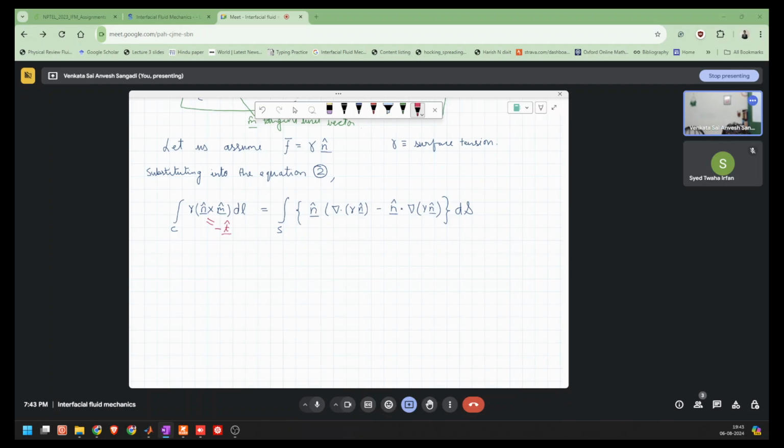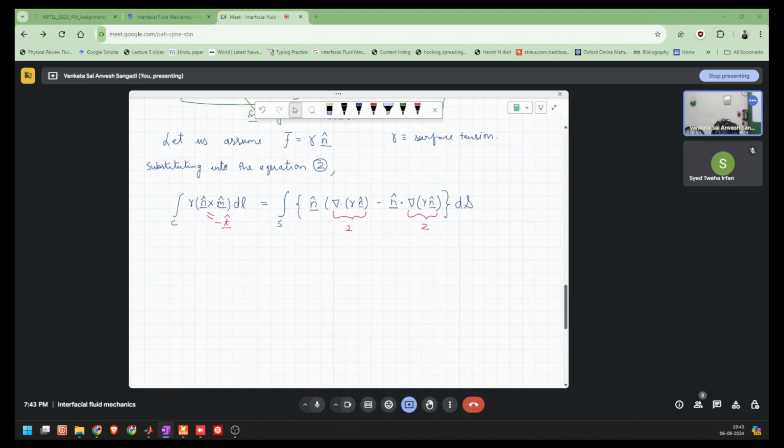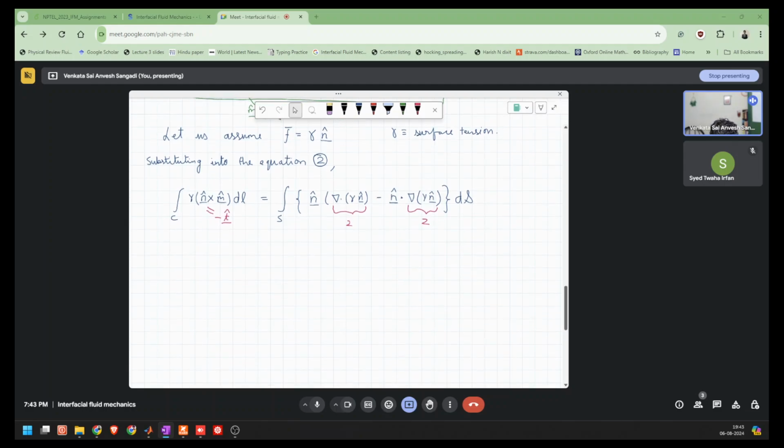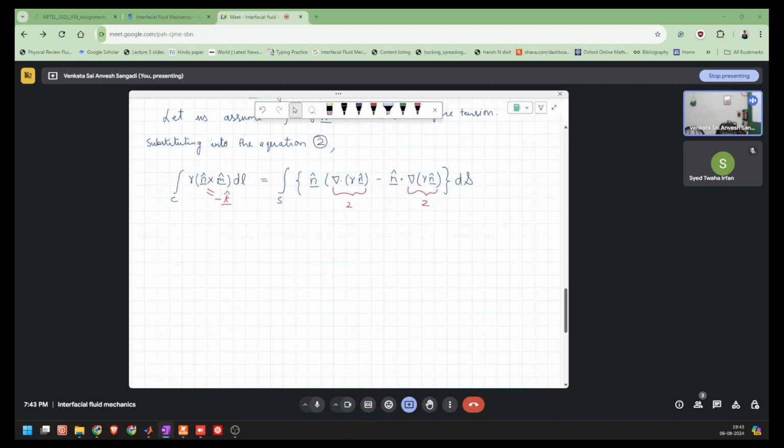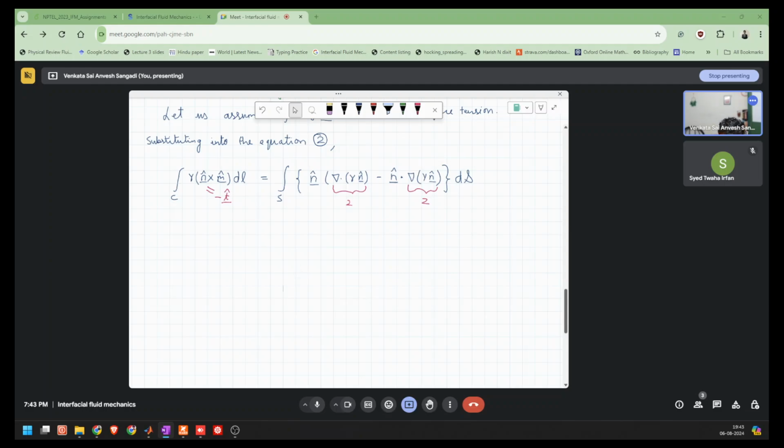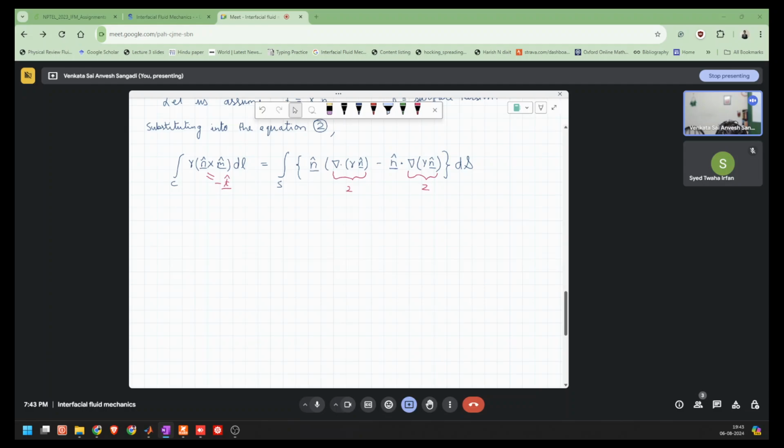And similarly, these terms need to be expanded. So we get two terms from here and two terms from here. Basically, we need to write four terms for the del operator on top of the surface tension gamma and n cap. I'll write down the terms and then explain.